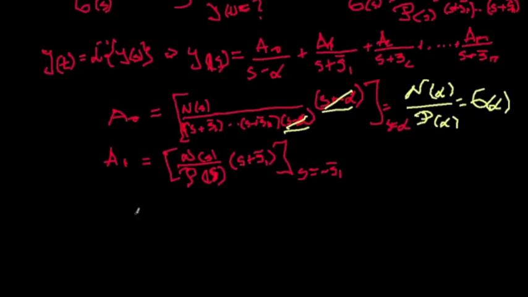So if we repeat this for all other coefficients, in this way we will have the solution for the an as N(s) over P(s), times s plus sn.